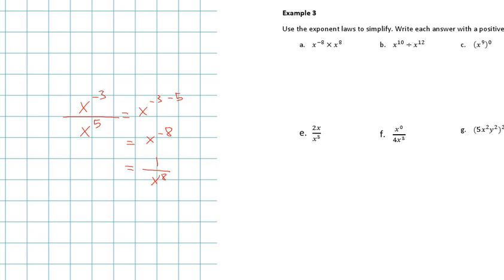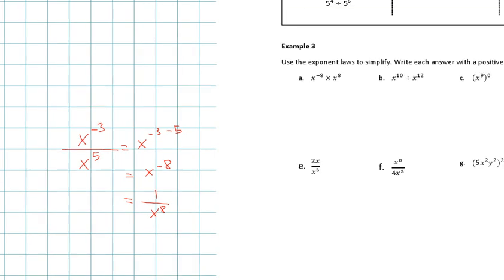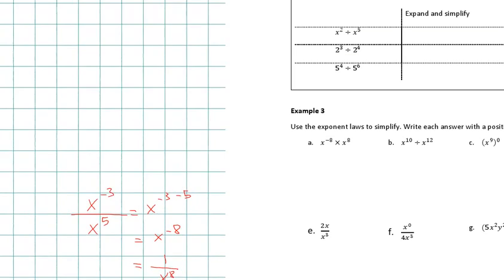Okay? Now, another thing that I want to point out. I just need your attention here. I'll give you time to do the work. If I have this, there's nothing I can do about this, right? There's no way I can simplify this because the top has an x, the bottom is a y, right?